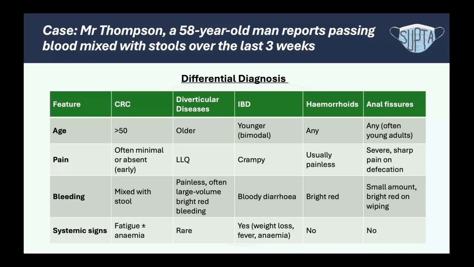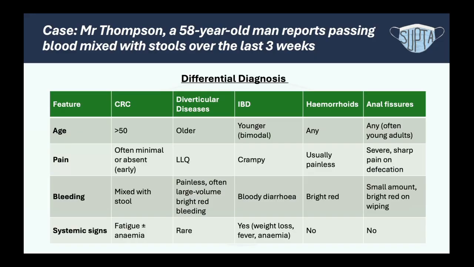Next, we have a very common condition, hemorrhoids. It can affect people of any age, but they are usually painless, unless a blood clot has formed within the hemorrhoid, which we call a thrombosed hemorrhoid, and/or when it's severely prolapsed. Bleeding is typically bright red, and it's often seen on the toilet paper or dripping into the toilet bowl.